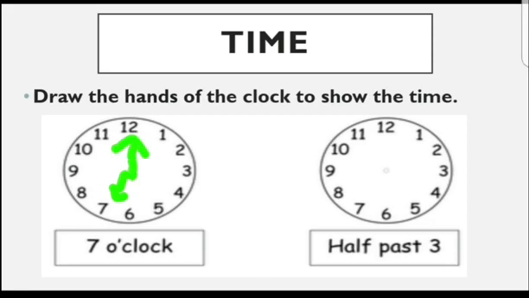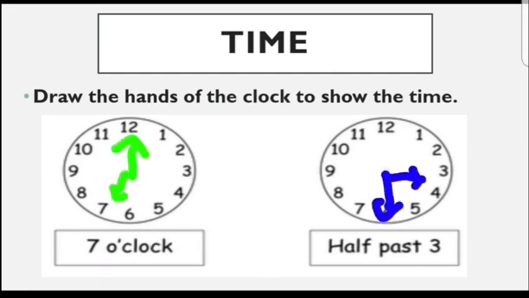This is your 7 o'clock. Let's see the second clock. It is half past 3. So half past, half an hour has passed. So the minute hand, the longer hand, will be at 6 and it is half past 3. So the hour hand will be between 3 and 4. Okay, so this is your half past 3.